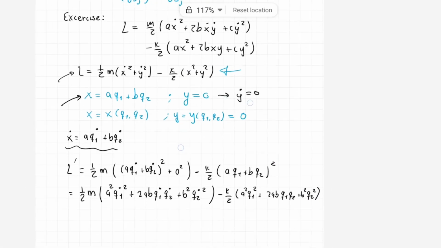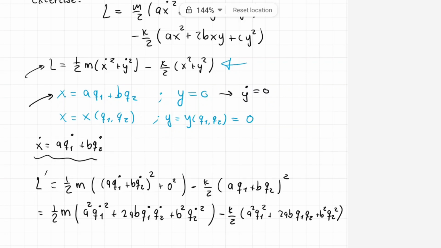Okay, so I think that this is enough to see that this new Lagrangian already has the structure that we are given with this. Recall that this is L prime.